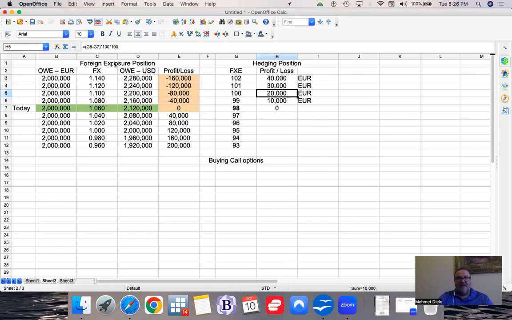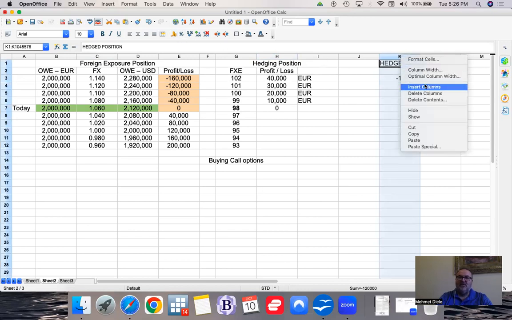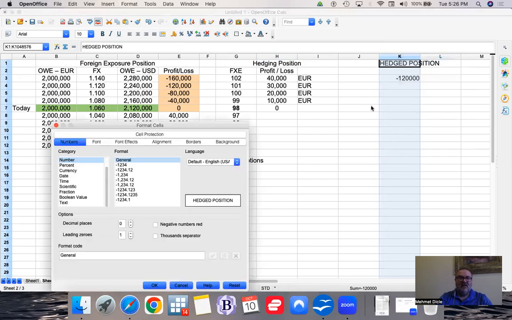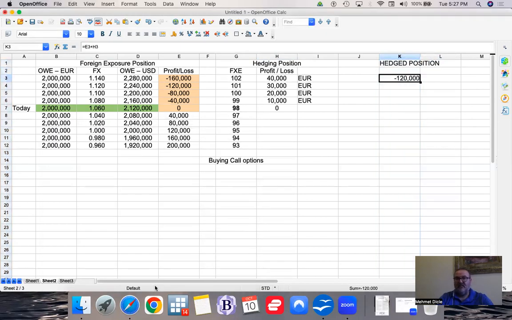So notice again what we mean by a hedge position, and I'm going to call this a hedged position: it is literally having both positions at the same time. So we need to combine the two positions so that we have a minimum amount of exposure, right?